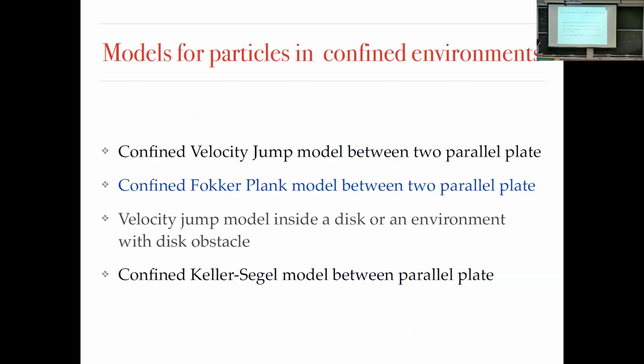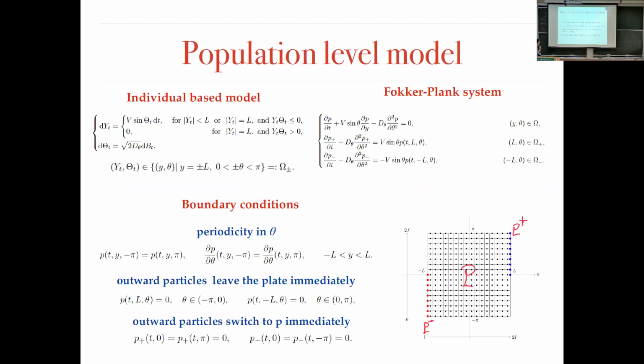Okay, so then we look at what kind of boundary condition we should put for the Fokker-Planck equation. If we start from the model here, because if we think about it at the individual level, then what changes is just how the cell changes movement direction, to the rotational Brownian motion.